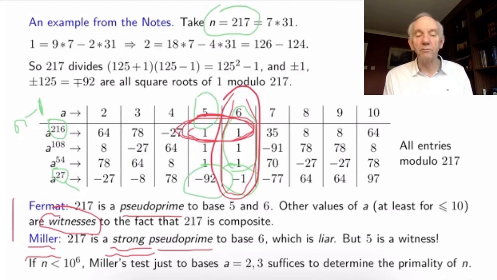I believe that's true. I haven't checked it myself, but I believe that. So it's a very powerful test. And in practice, I believe that choosing prime numbers or probable prime numbers to use for RSA is based on fancier versions of Miller's test involving maybe probabilistic estimates.